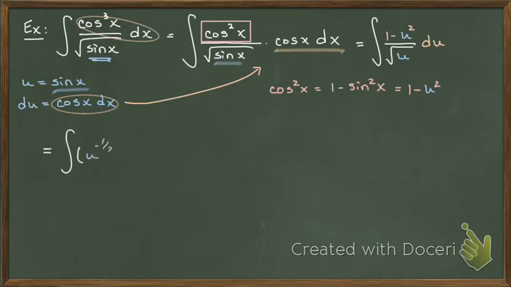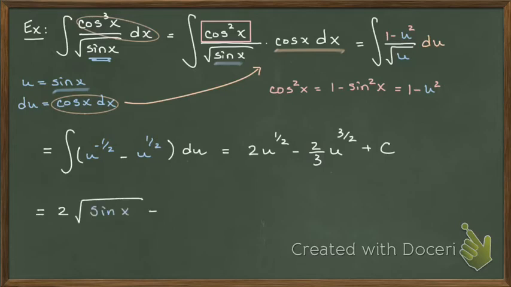All right, so this is u to the minus a half minus u to the positive 1/2. Antiderive each one of those, add 1 to the power, divide by the new power, and I get 2u to the 1/2 minus 2/3 u to the 3/2 plus a constant. Replace u with sine of x, and I've got 2 square root of sine x minus 2/3 sine x, and I forgot the power 3/2. Okay, that's it. That's all there is to it.